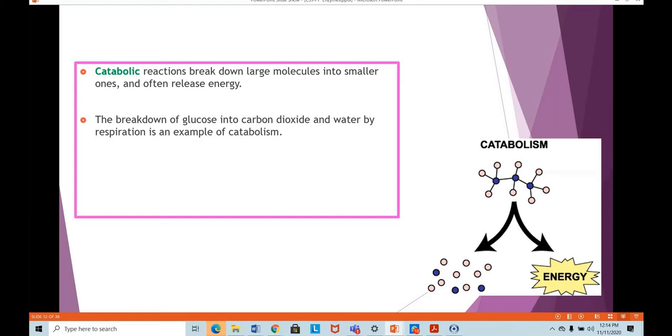Respiration, in which glucose is broken down and energy is released, of course. And glucose is broken down into carbon dioxide and water, right?